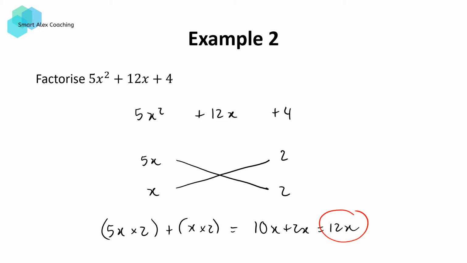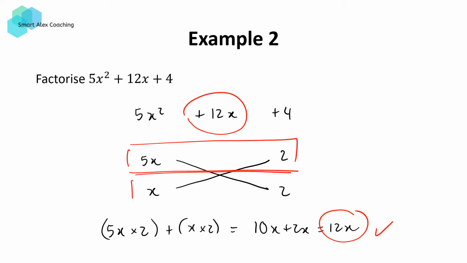And yes, this time we do get the same, so we know that we've got the correct choice of numbers. Grouping them together, the final factorization for this expression is simply 5x plus 2 times x plus 2.